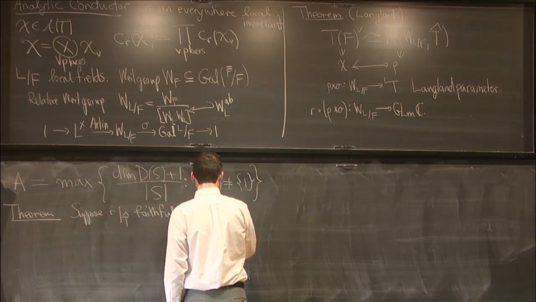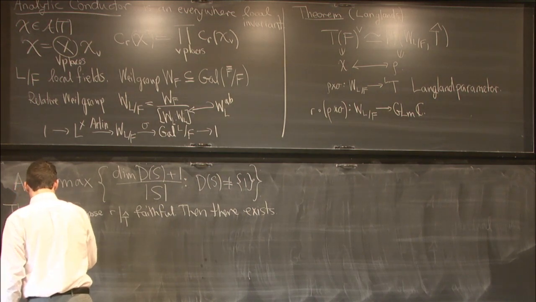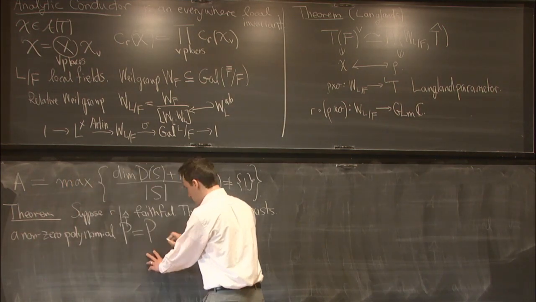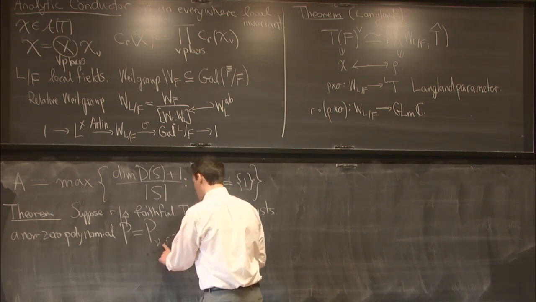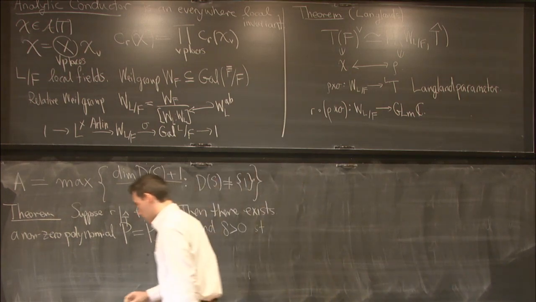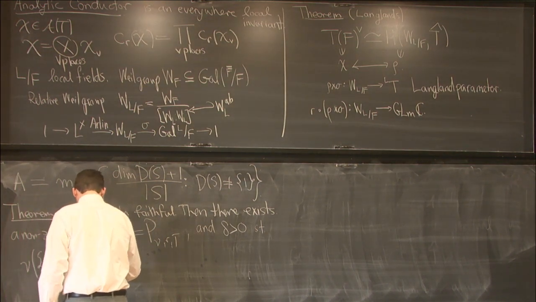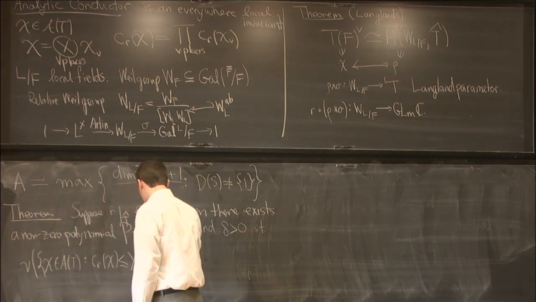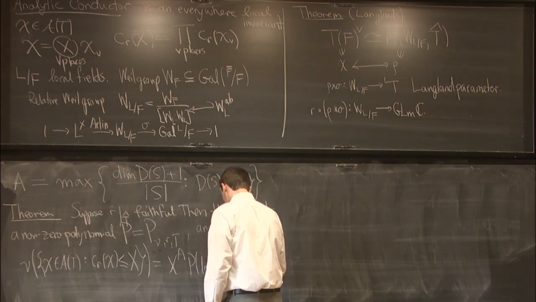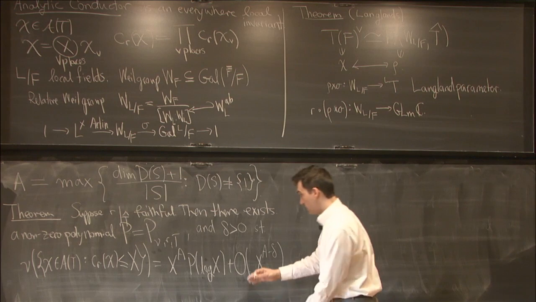Then there exists a non-zero polynomial P, which is going to depend on the Haar measure nu I picked, and it's also going to depend on R and T, and a positive number delta, so that the Haar measure of the set of automorphic characters with analytic conductor less than or equal to some big number x is equal to x to the A power P of log x plus an error term of x to the A minus delta, where again the constants depend on everything except x.